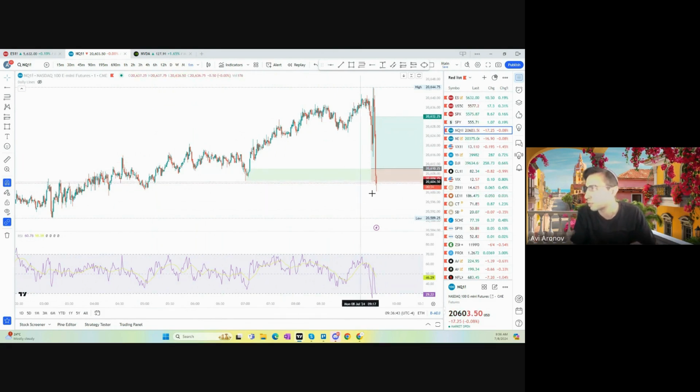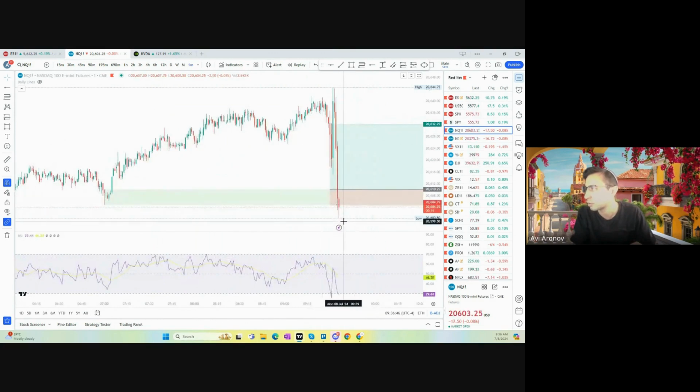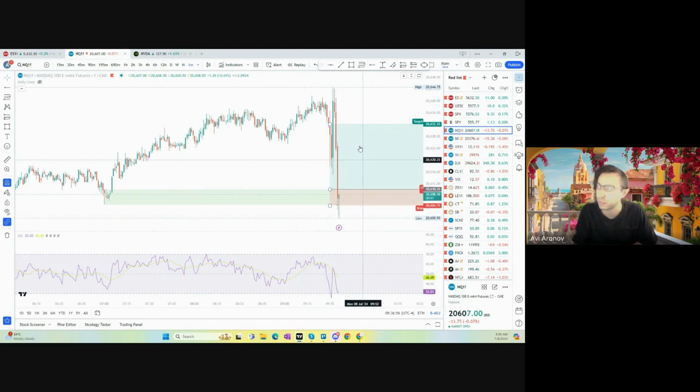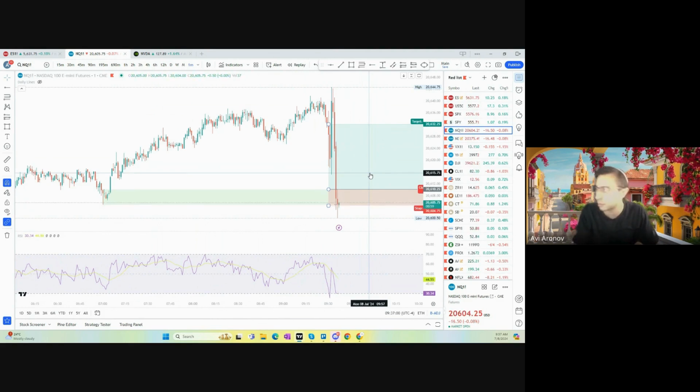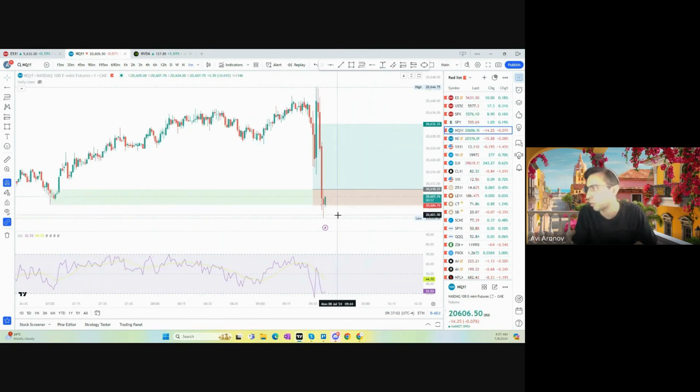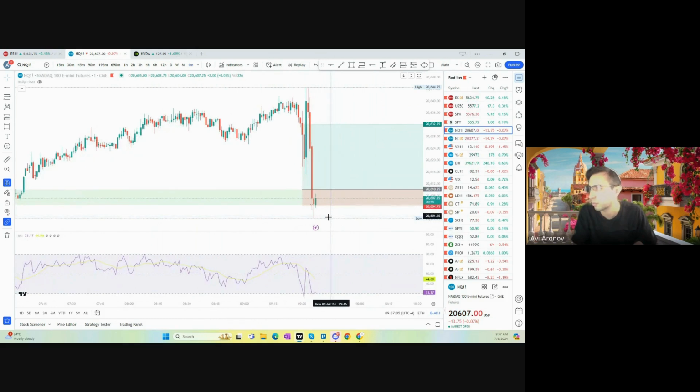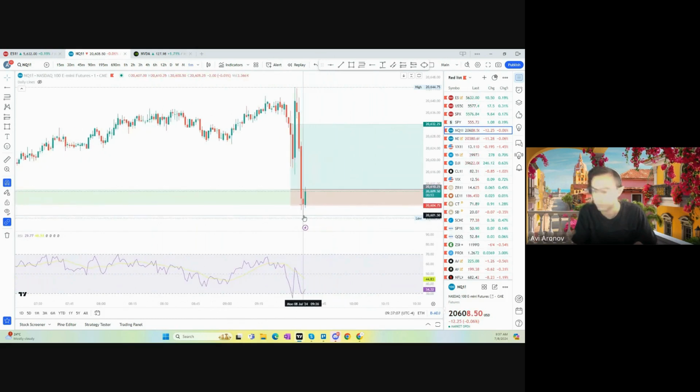We can always scale in more to make my average entry lower, and then we have four lots, so then the increase higher will be possible faster. But let's see.